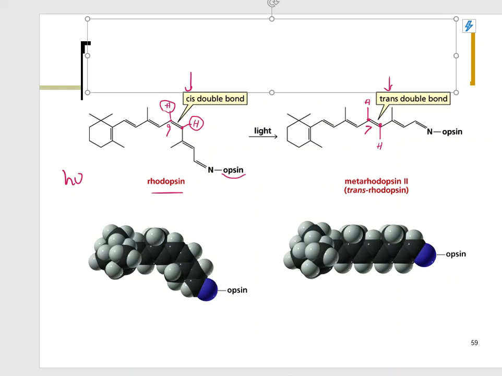Another thing that I want to say before I stop the video is that the trans notation will be more stable. If you look at the way that we have drawn these structures over time so far, we have constantly done this zigzag thing, right? That is just the way that these bonds really like to be. And cis and trans is no different. There is a preferred method, and the preferred method is actually trans.